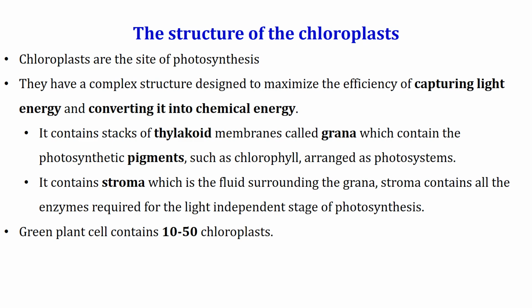Inside, you will find the grana, stacks of thylakoid membranes that contain photosynthetic pigments like chlorophylls arranged into photosystems. Surrounding the grana is the stroma, a fluid that contains all the enzymes needed for light-independent reactions. Did you know a typical green plant cell contains 10 to 50 chloroplasts?